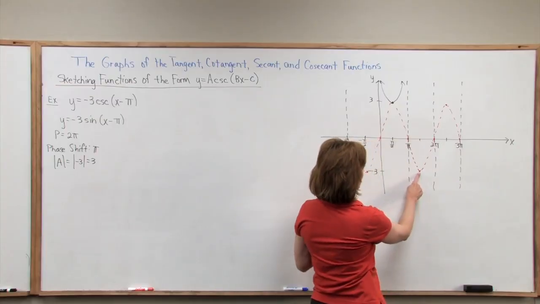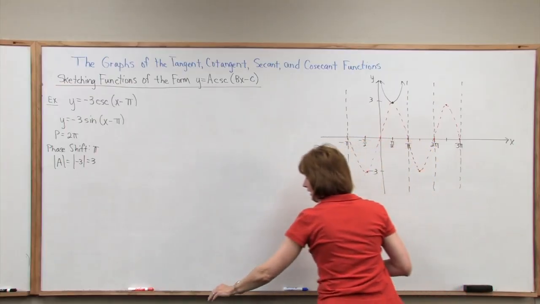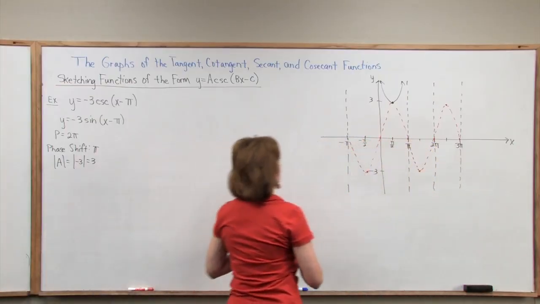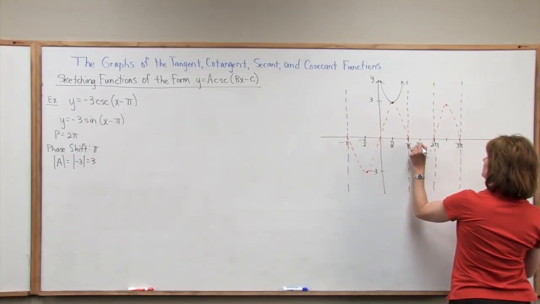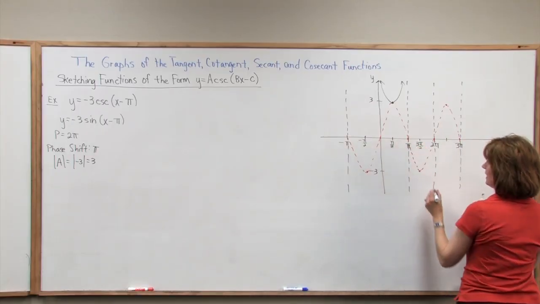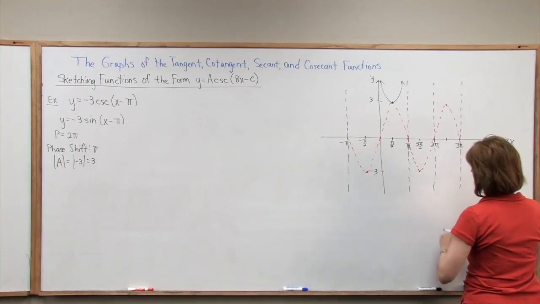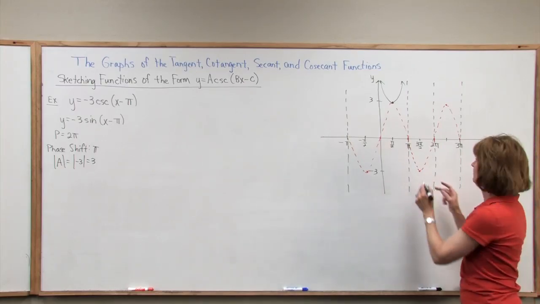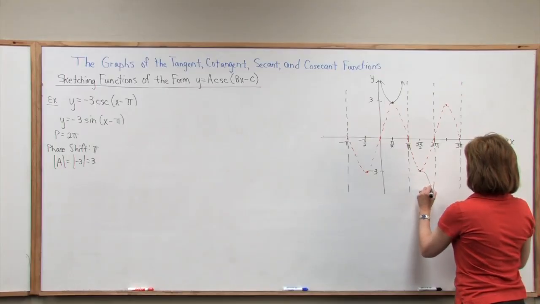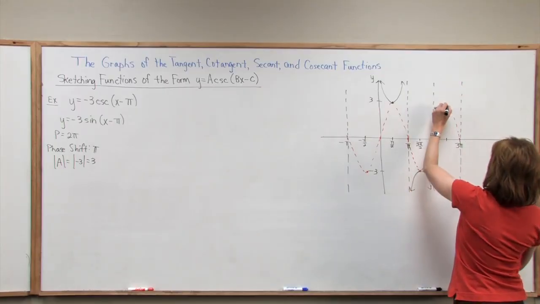And this point, let's label it, it was 3 pi over 2. It's down at negative 3. That minimum point for the sine becomes a maximum point for the cosecant.